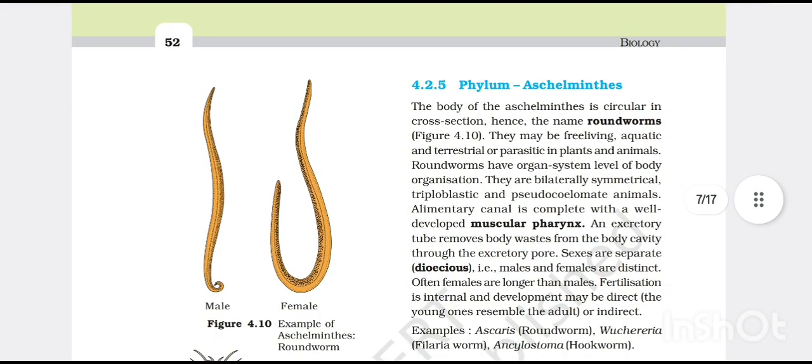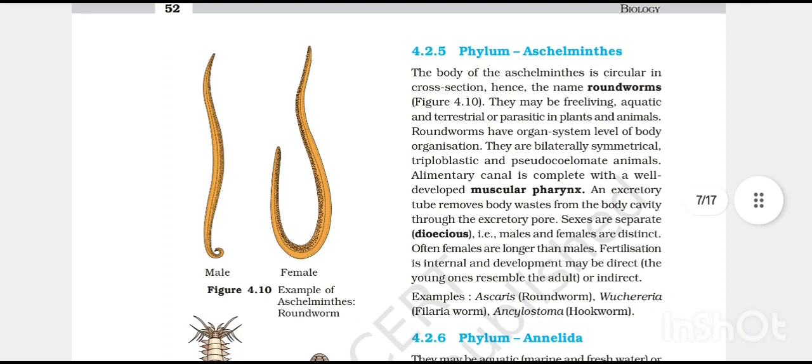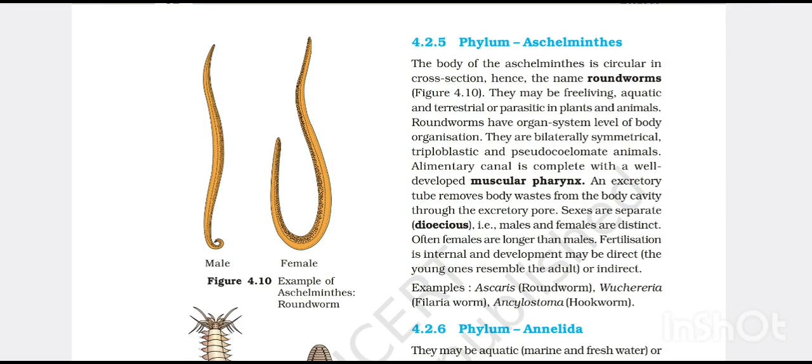Then phylum Aschelminthes. The body of Aschelminthes is circular in cross section, hence the name roundworms. They may be free living, aquatic and terrestrial, or parasitic in plants and animals. Roundworms have organ level of body organization. They are bilaterally symmetrical.